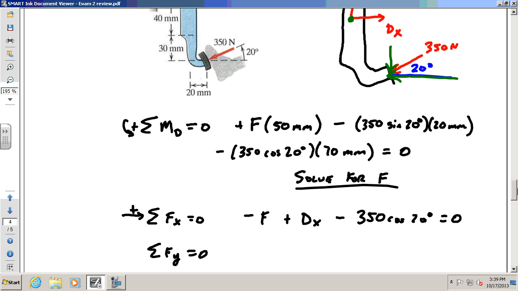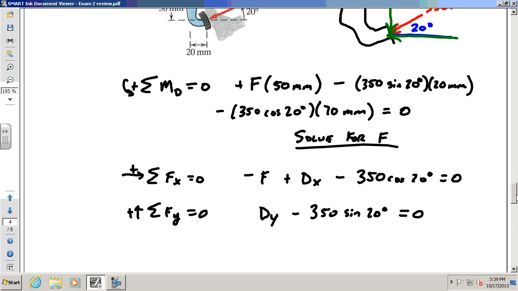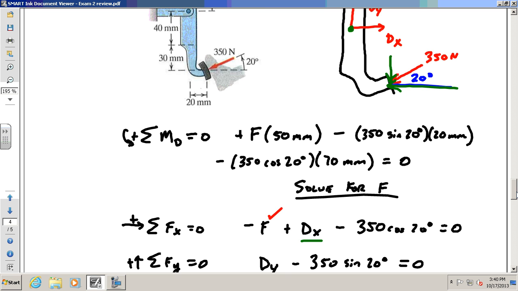And in the y direction, up being positive, you're going to have Dy minus 350 sine 20 degrees equals 0. Since you already know what F is, you can easily solve for Dx in the top equation, and you can easily solve for Dy in the bottom equation. So that's just a quick example of a 2D problem.